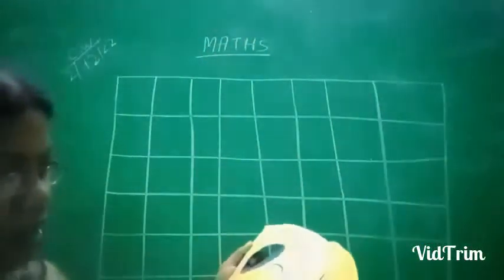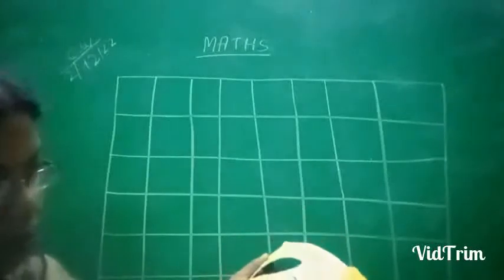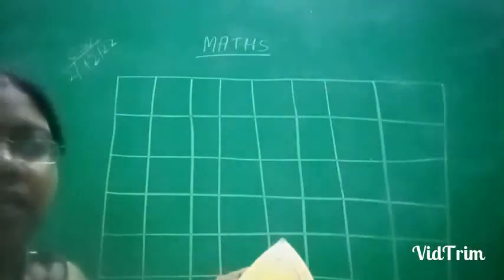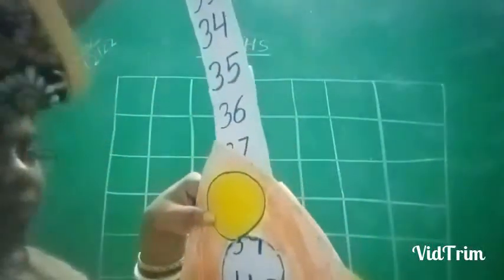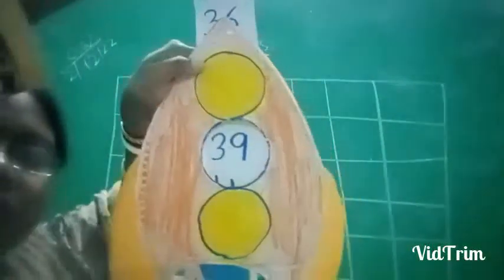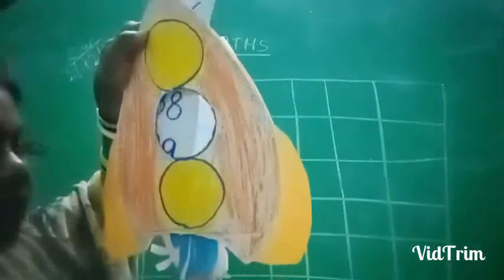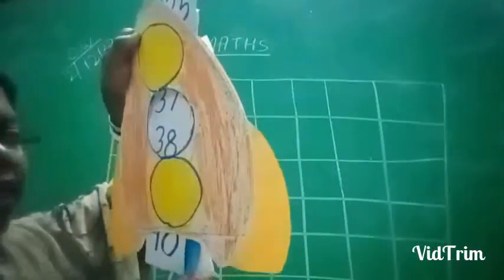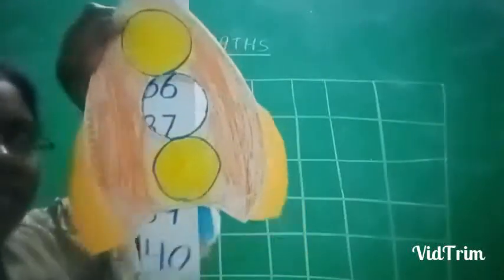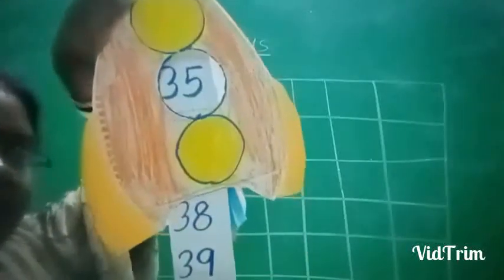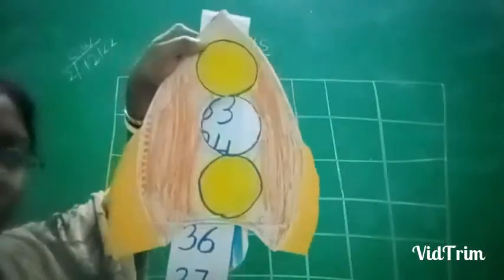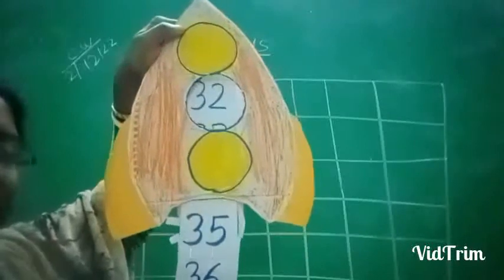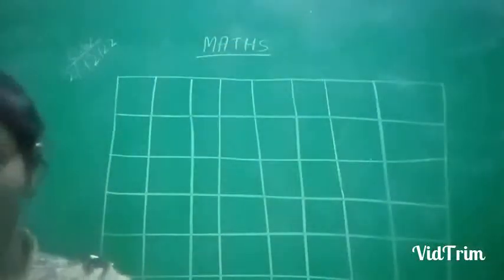After 41, it's going to be 40. Back side we are counting 40, 39, 38, 37, 36, 35, 34, 33, 32, then 31.